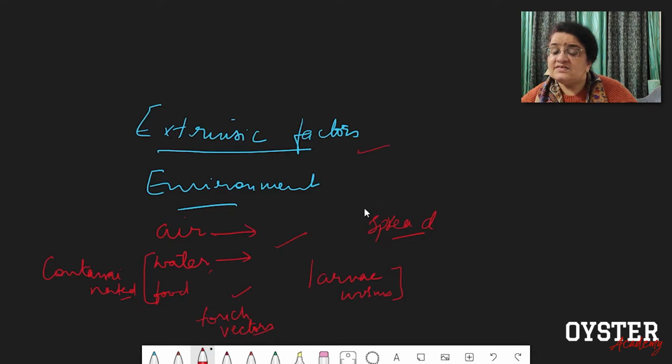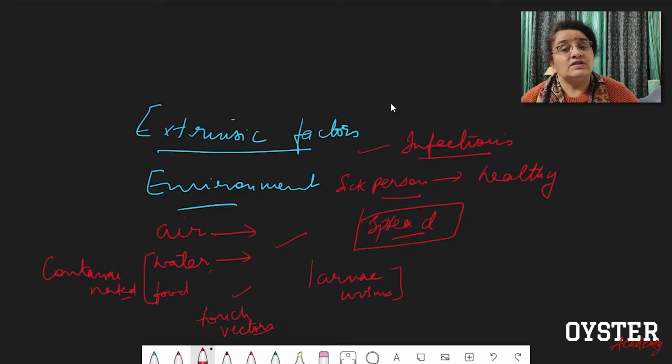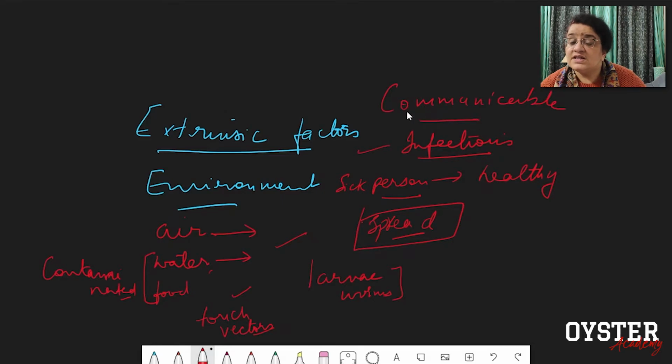So when these diseases spread from a sick person to a healthy person, that's why they are known as infectious diseases. We also call these diseases communicable diseases because they can be transferred from a sick person to a healthy person via air, via water, via food, via touch, or by any other vectors.